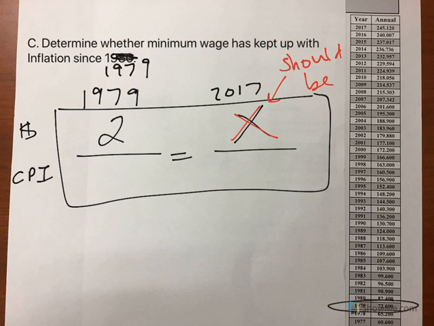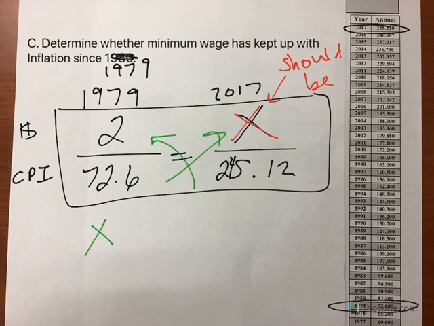So 1979 has a 72.6, and then I go to 2017, and I get 245.12. Okay, sorry about that, I had an email. So we're trying to find what it should be for this. If we cross multiply, we find an X value of $6.75.